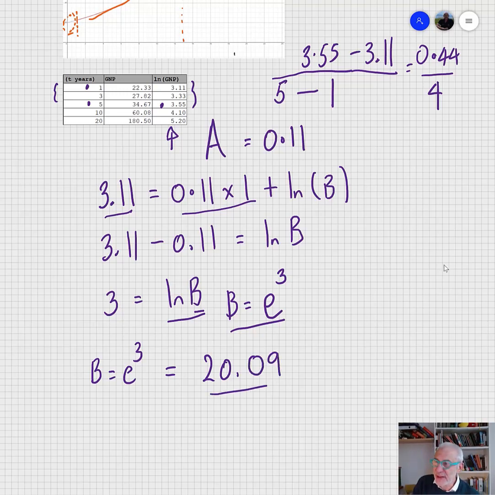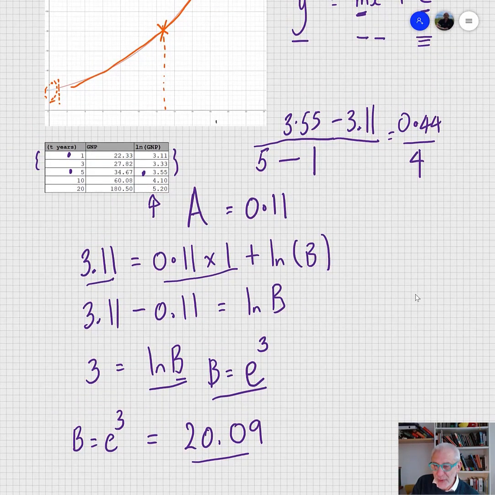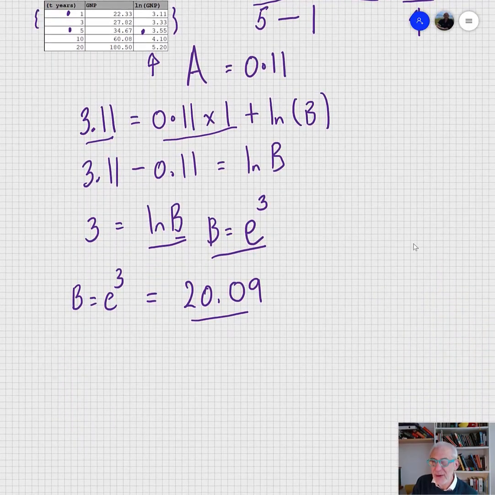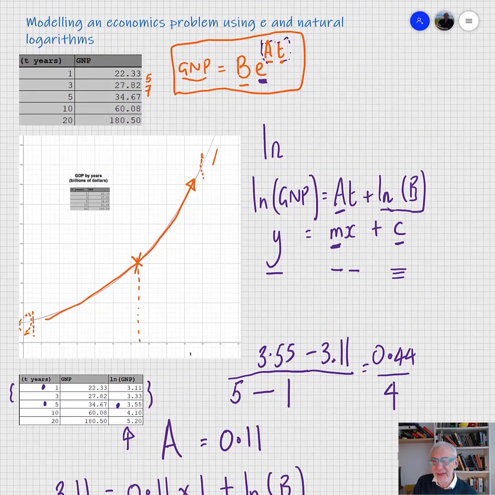We've just used the basic ideas behind linear algebra to produce our model. Let's just write it out clearly. What we intended to do was to come up with a model GNP equals b e to the at, there in orange at the top.